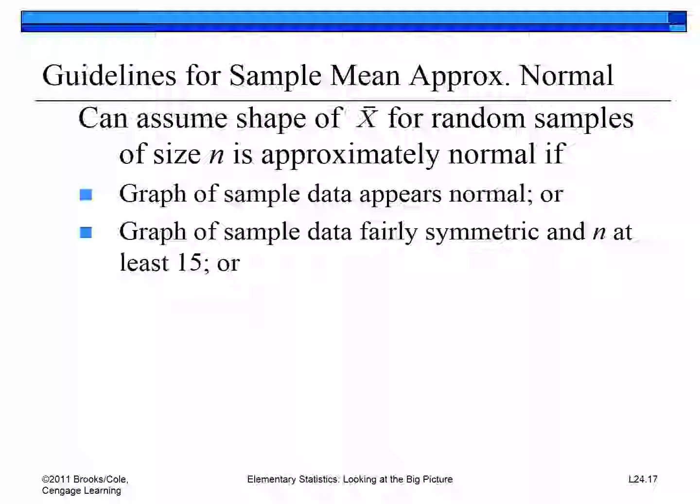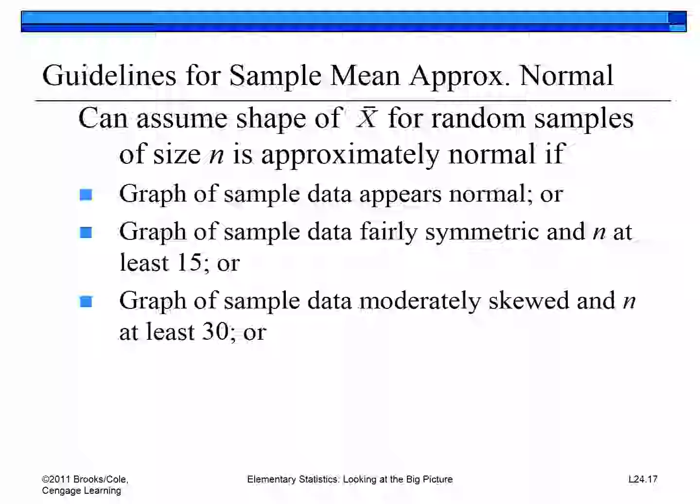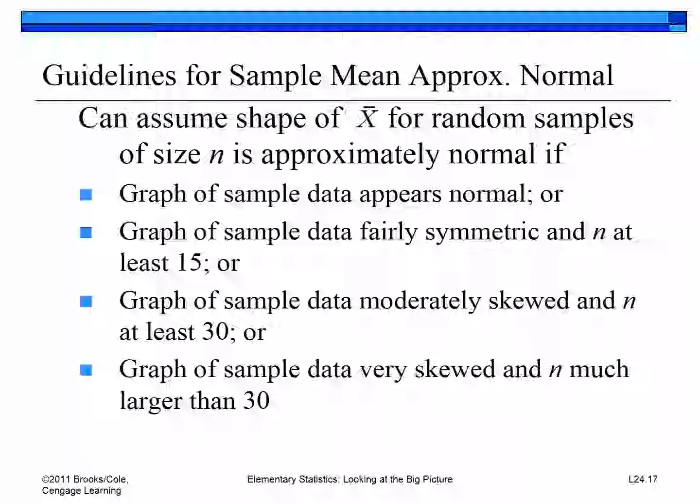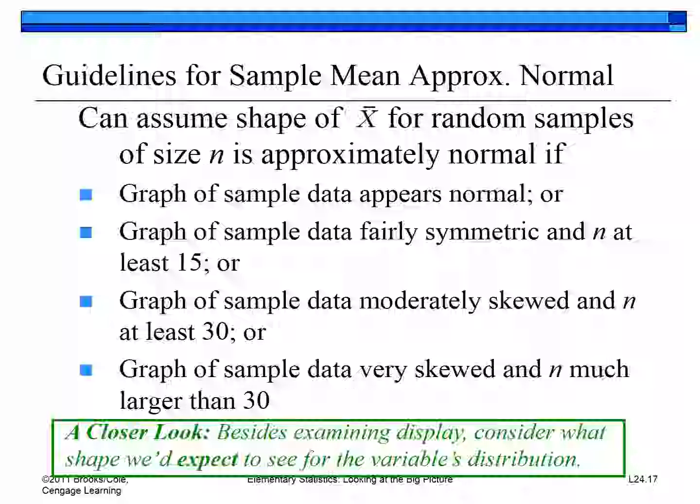If the sample data seem to be fairly symmetric and n is at least 15, or if the sample data seem to be moderately skewed and n is at least 30, or if the sample data is very skewed and n is much larger than 30. It might also pay off to consider what you think the sample data would look like, in addition to creating a histogram.